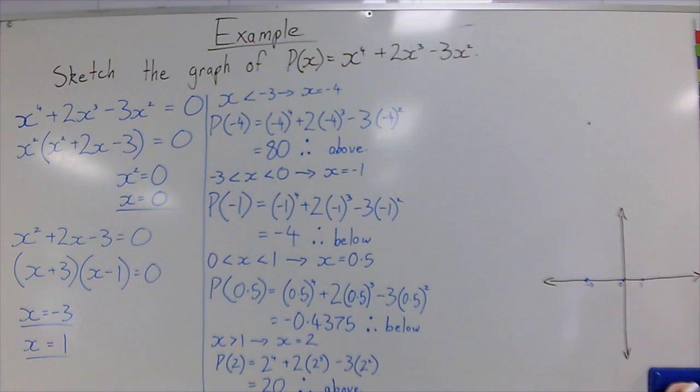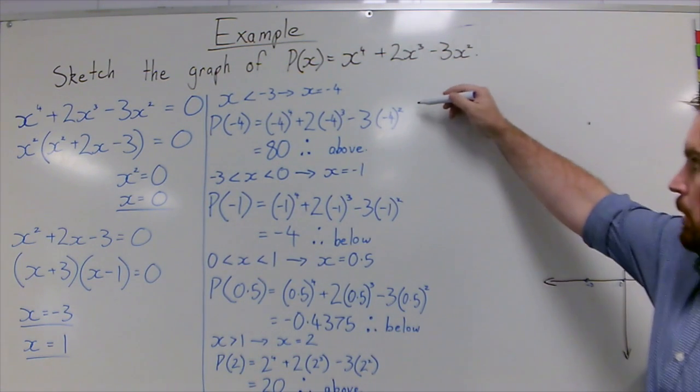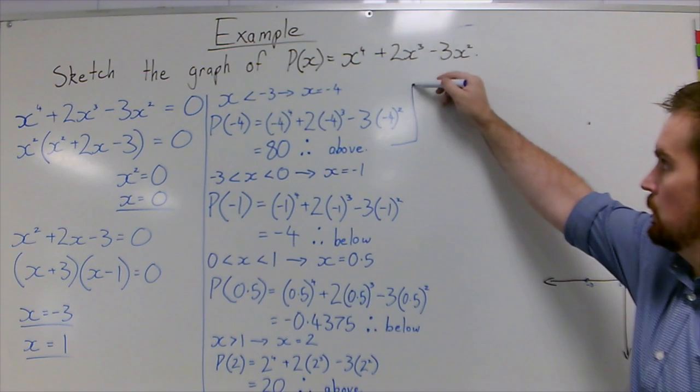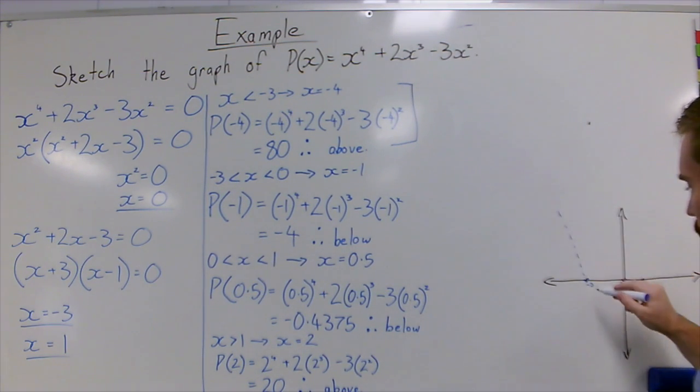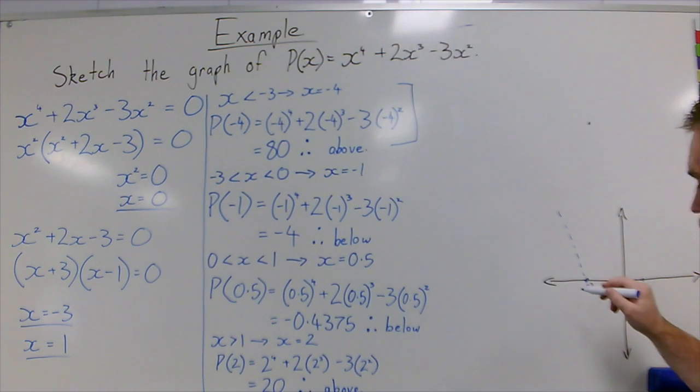Now remember, when you're graphing, you need a nice even curve. So just use dotting or kind of rough tracing to get the idea of the shape. So I know that to the left, up here, it's going to be above. So I know after minus 3, it's going to be above.